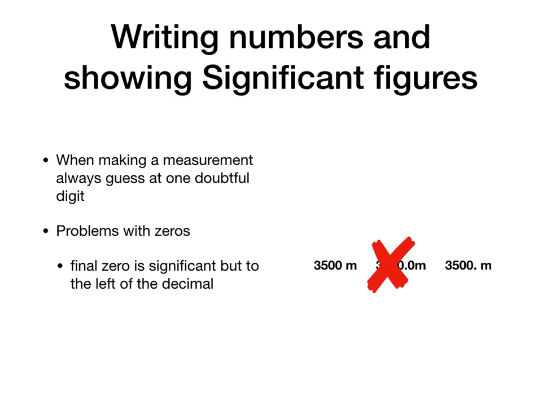Another way you can do that is to write the number in scientific notation. Remember, when you write a number in scientific notation, you only show the significant figures. So let's take a look at another number here. The speed of light is 300 million meters per second. But let's say we've measured this accurate out to this spot right here. That 0 is significant. The rest of them are all just placeholders.